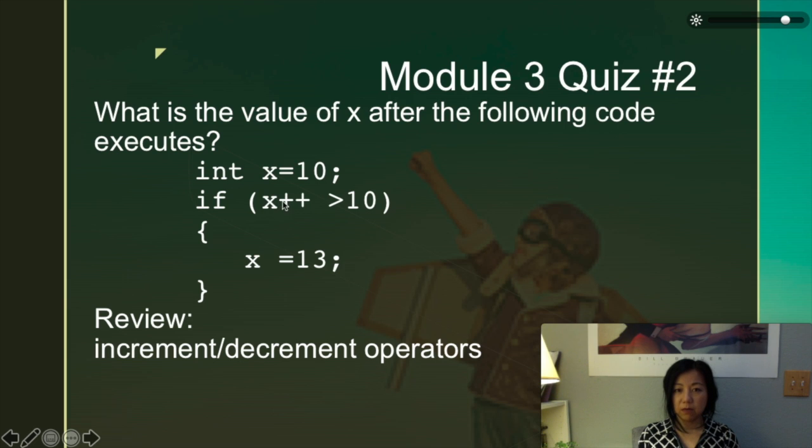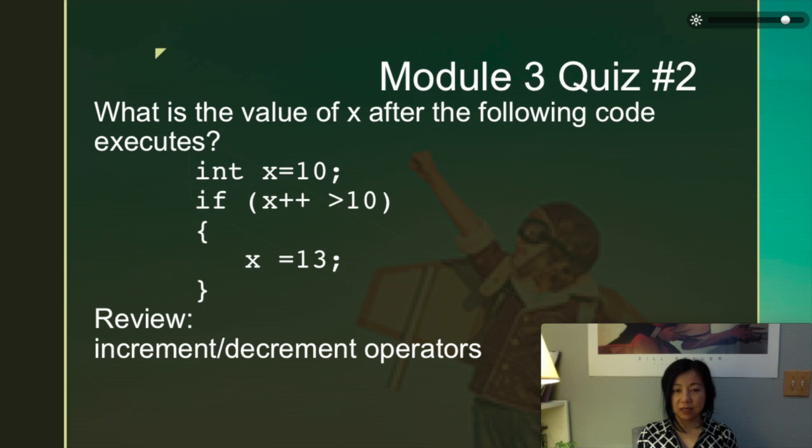When ++ is after x, it's not going to be executed at the statement, but after the statement. And so x will still equal 10 here. Therefore, it won't come into the if statement block, and x will continue to be 10. So that's the answer.